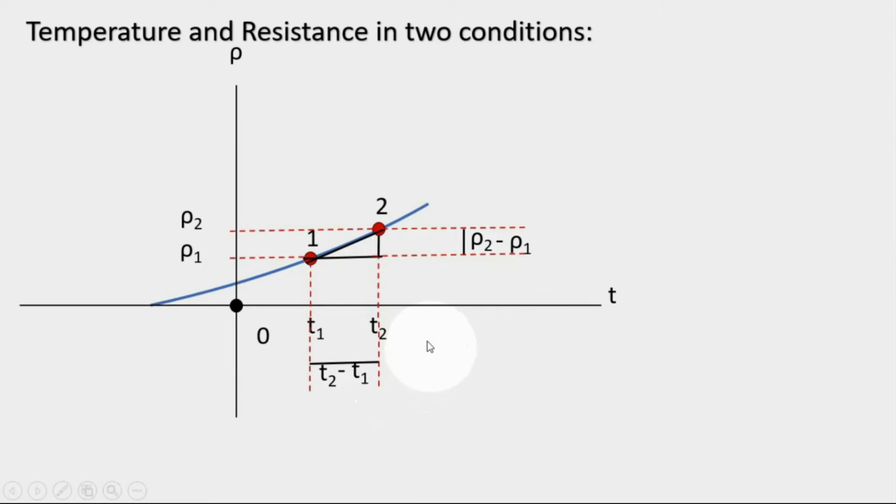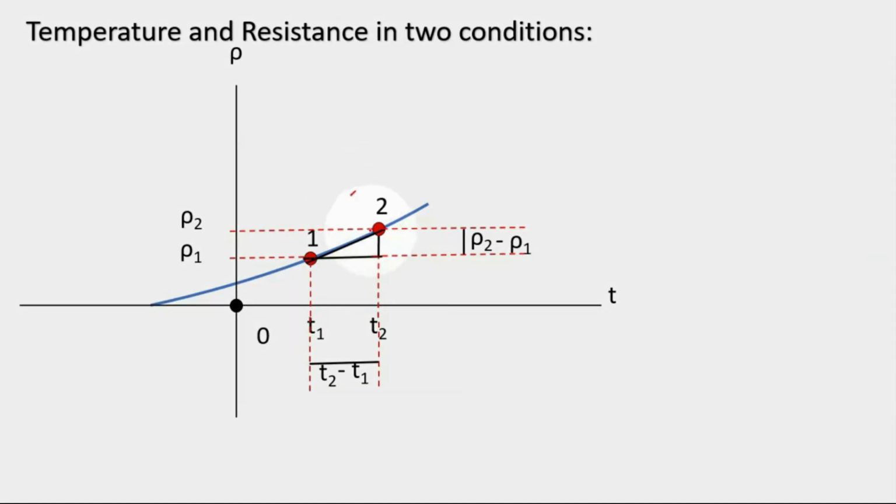Now, we know in trigonometry that these sides give the slope of the hypotenuse from 1 to 2. So we can set up a relationship to get the formula for solving the resistance at conditions 1 and 2.